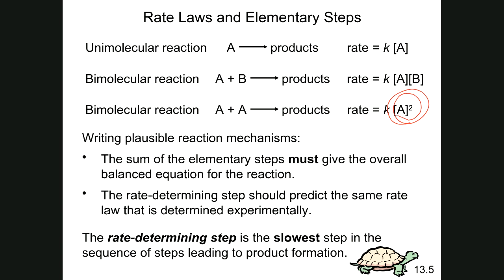And the rate determining step is the step that is going to be determined, again, experimentally, because all you have to say is, is it only A affecting the rate of the reaction? That means your rate determining step involves only compound A. And is it both A and B?